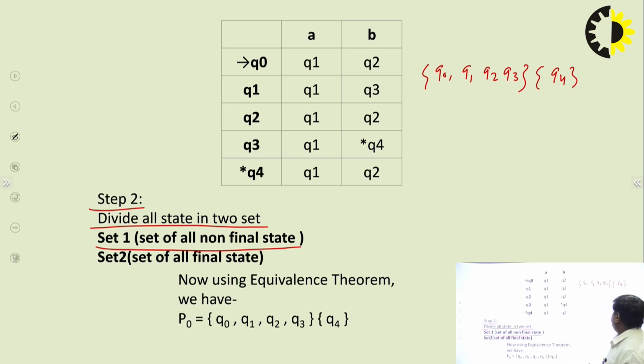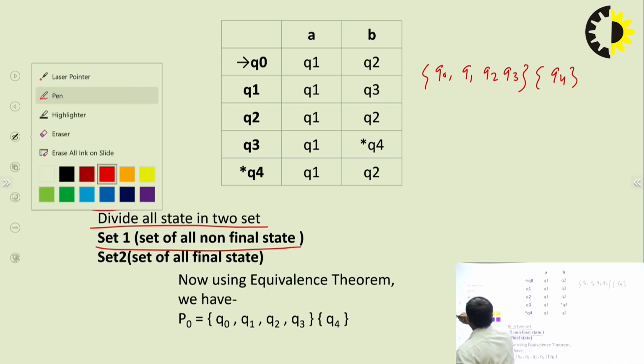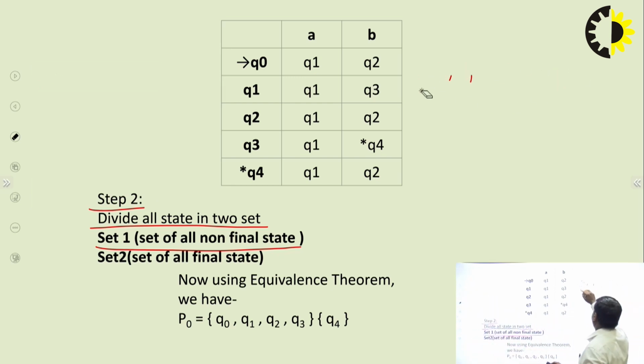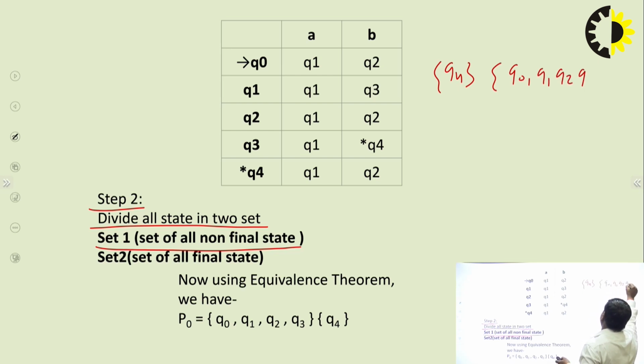Now we rewrite this again, because we use the set of final states and the set of non-final states, like this: Q4, and Q0, Q1, Q2 and Q3. That is set 1 and that is set 2.